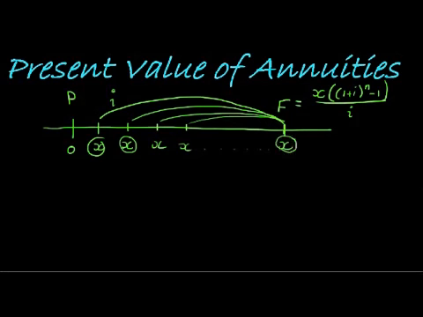So to find the present value is kind of like asking, what will you give me if I promise to give you, let's say, 100 Rand every month for a whole year? How much will you give me right now?